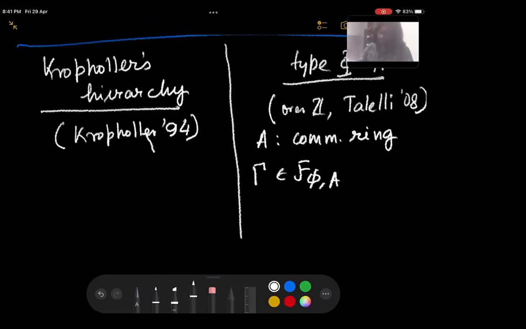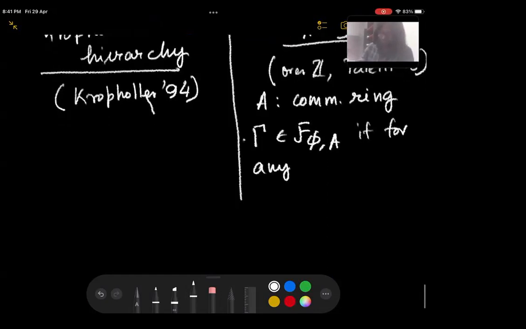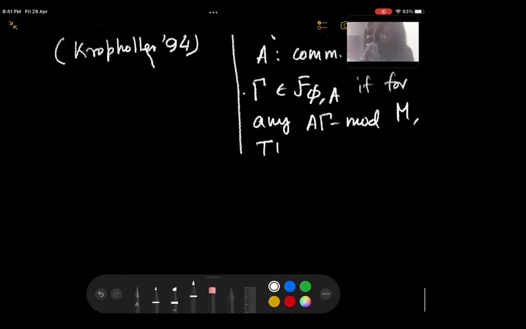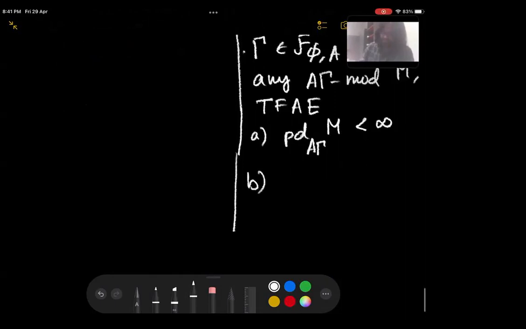So gamma is in F phi A if and only if, like I'm defining, for any A gamma module M, the following are equivalent. Number one, the projective dimension of M is finite. And number two, the projective dimension of M is finite over all finite subgroups.